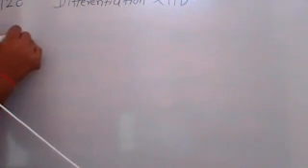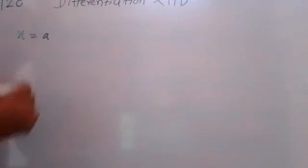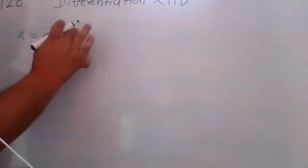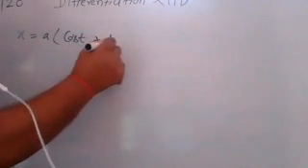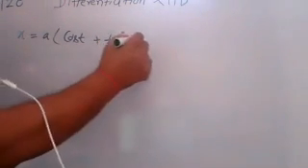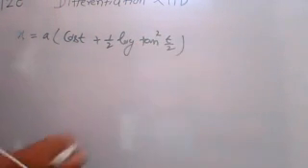Okay. And write your first question. x is equal to a cos t plus 1 upon 2 log tan square t by 2.